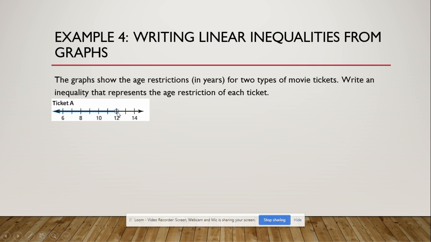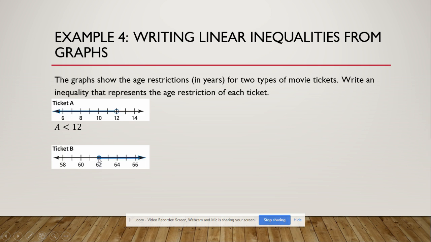The circle is not filled in, so it will not be or equals to. The arrow goes in the direction of lesser numbers. So 10 is less than 12. So my x should also be less than 12. Okay, so the age for ticket A has to be less than 12. So this is sounding like a kid's ticket.